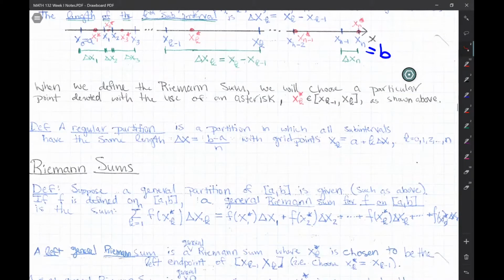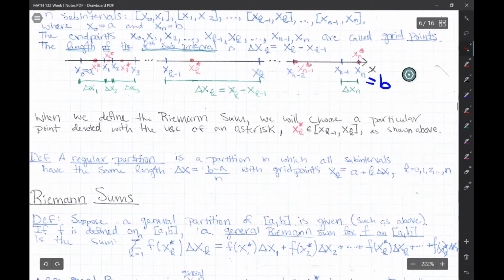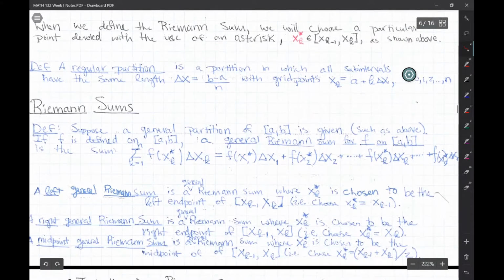On top of that, we're going to make some choices regarding these special x's that we choose within each interval. So here we write it with the star, xk with an asterisk, and so we could choose a point in each of these subintervals of our partition.